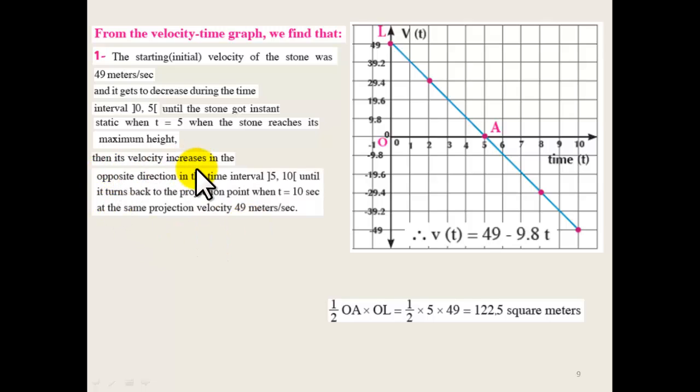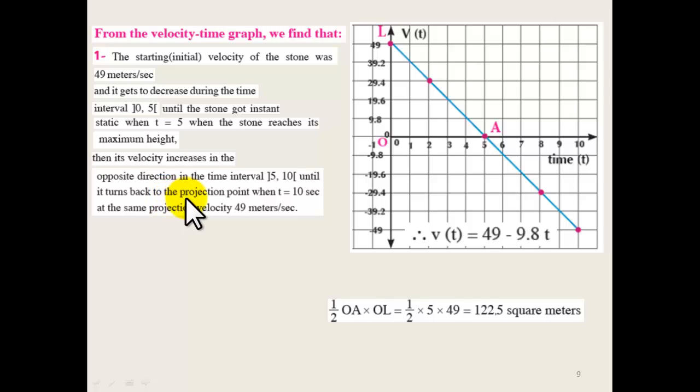Then its velocity increases in the opposite direction in the time interval 5 to 10. And it's clear here, from 5 to 10 seconds, the velocity will be negative, under the time axis.